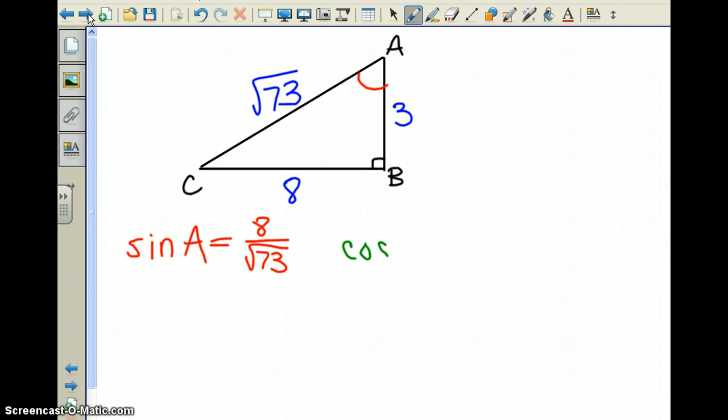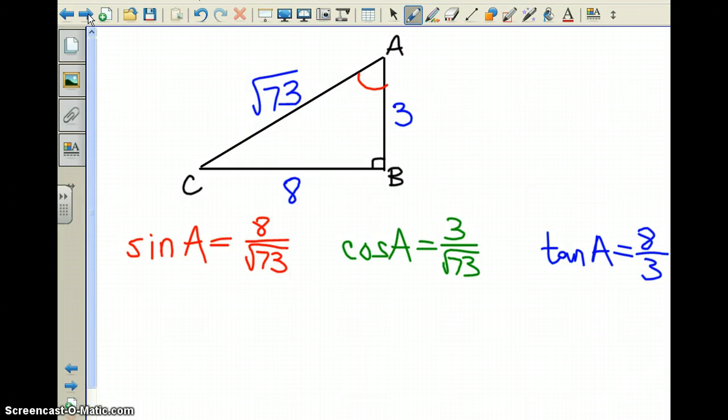Cos from angle A will be adjacent, which is 3, and hypotenuse, square root 73. And for tangent from angle A, the opposite of A is 8, and the adjacent is 3. So opposite over adjacent is 8/3.